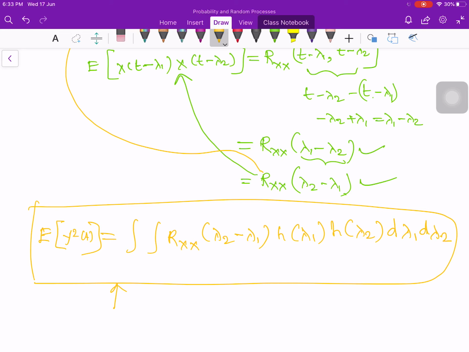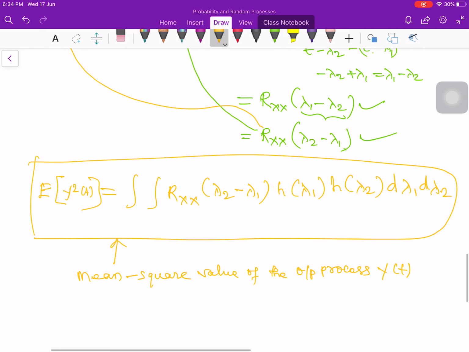Okay. Now this is the general relationship between the mean squared value of the output process y of t and the autocorrelation function of the input process x of t. So this is a general relationship.